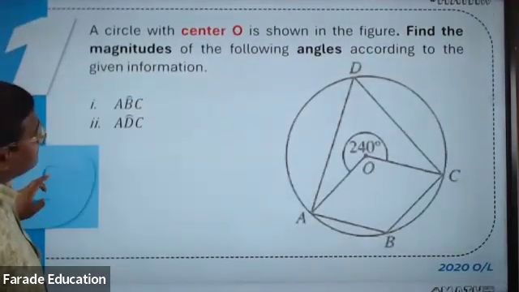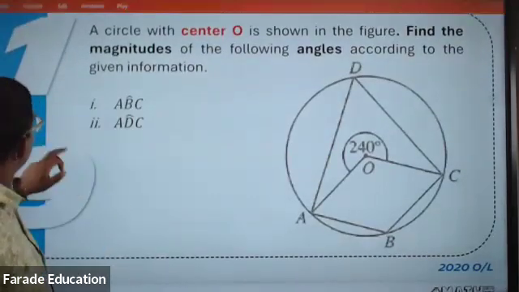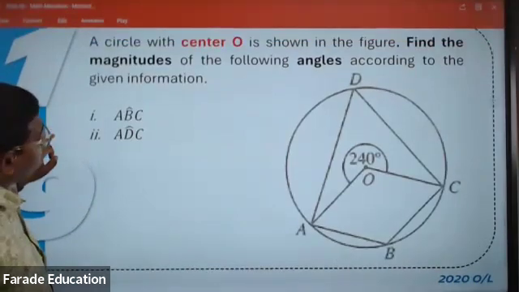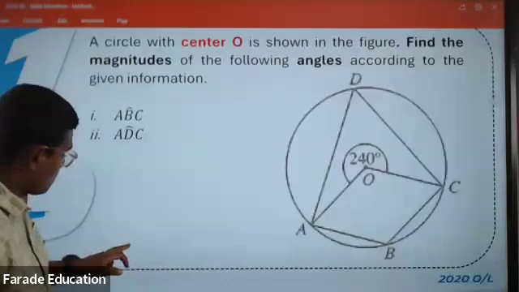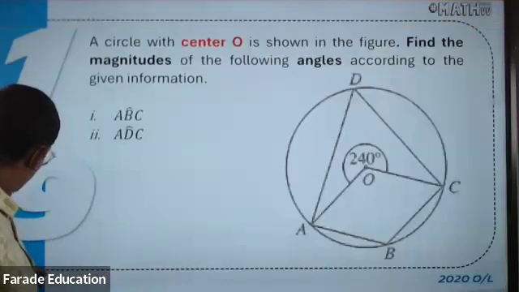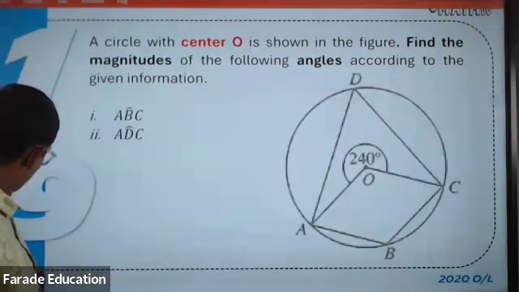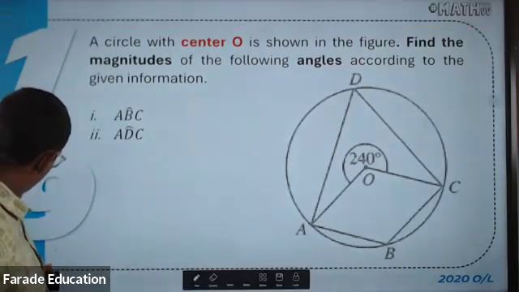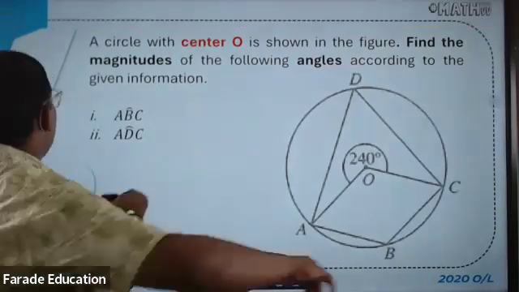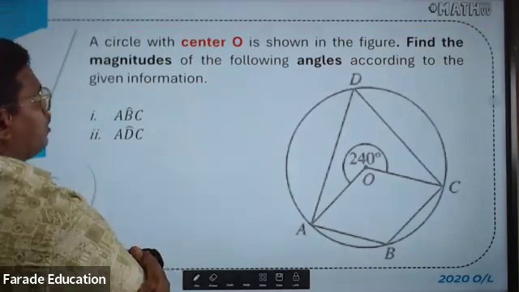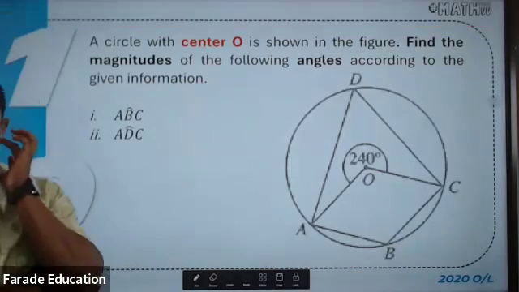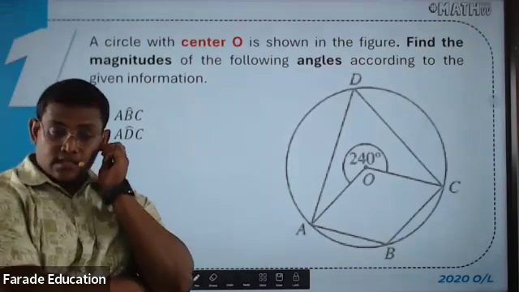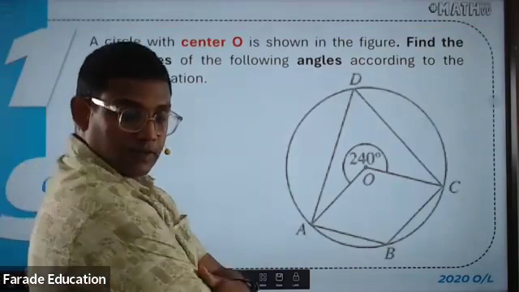Question number 19. A circle with center O is shown in the figure. Find the magnitudes of the angles according to the given information.